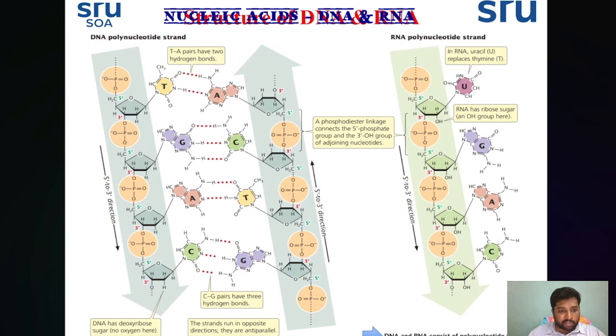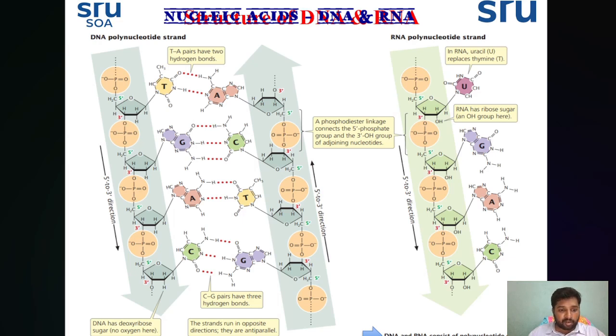The polynucleotide strand of DNA is made up of many nucleotides connected by covalent bonds, which join the 5 prime phosphate group of one nucleotide to the 3 prime carbon atom of the next nucleotide.